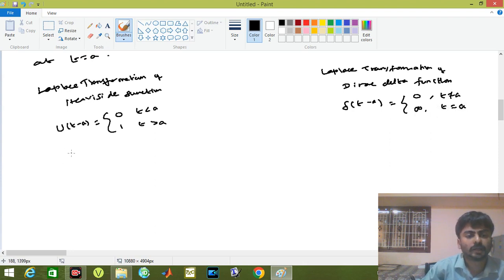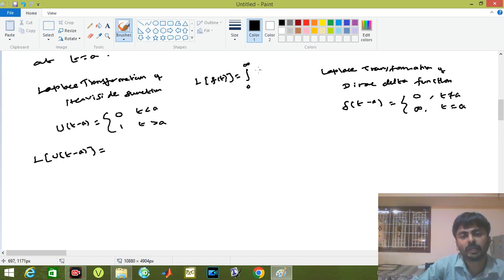So I will try to write the Laplace transform of this. L of u of t minus a: we know that L of f of t equals the integral from 0 to infinity of e to the power of minus st f of t dt. That is the definition.